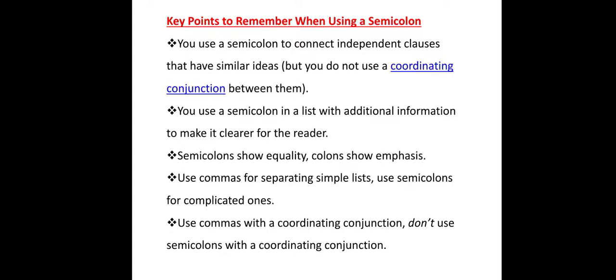Use commas with coordinating conjunctions. Don't use semicolons with a coordinating conjunction. We have to keep this in mind. If there is a coordinating conjunction like and, so, for, nor, we will not use a semicolon. Rather, we will use a comma there.